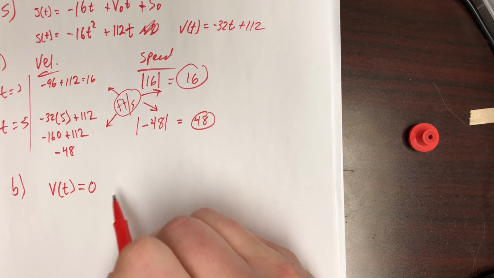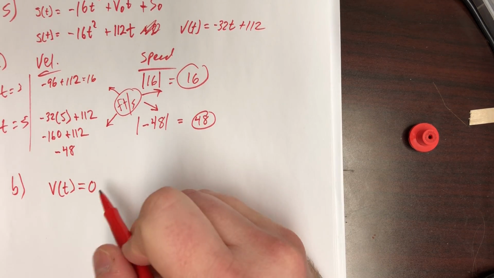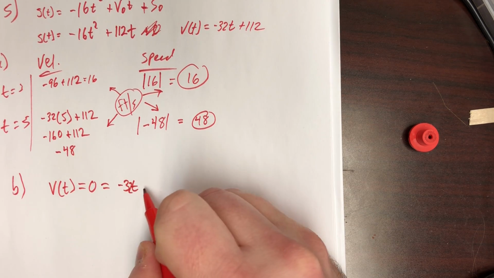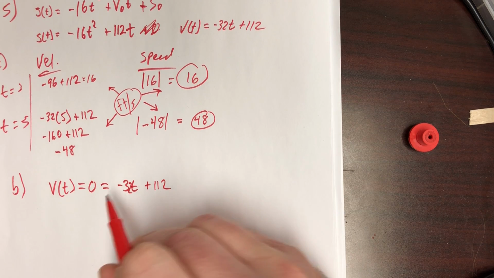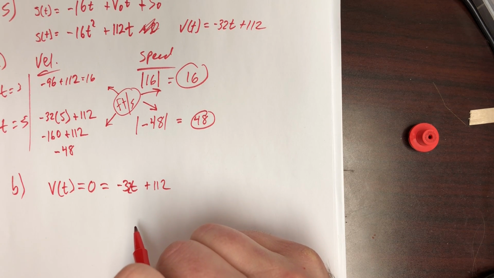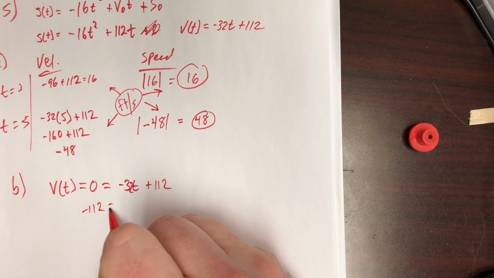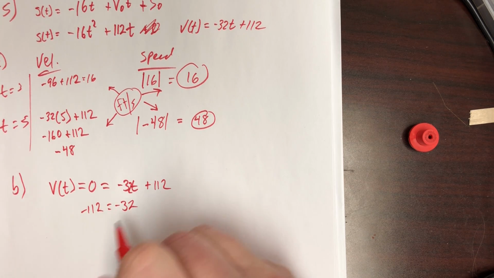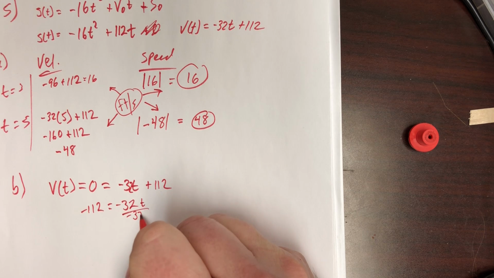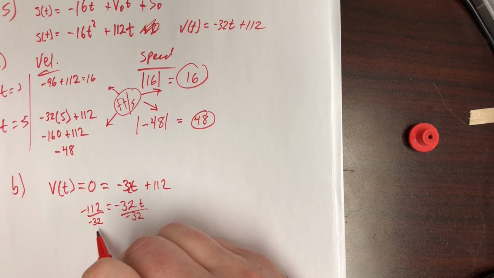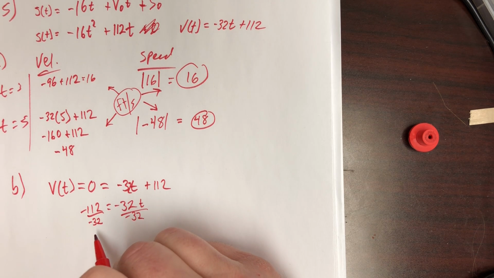If we can find out when velocity equals 0, that's when it stops. So I just set the velocity equation, negative 32t plus 112, equal to 0 and solve it. I'll subtract the 112 from both sides and divide by negative 32. So 3 is 96, 4 is too much.